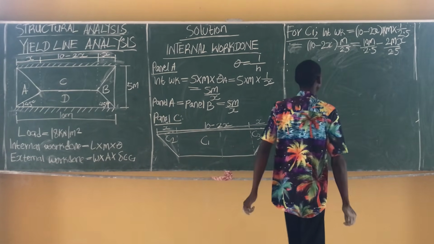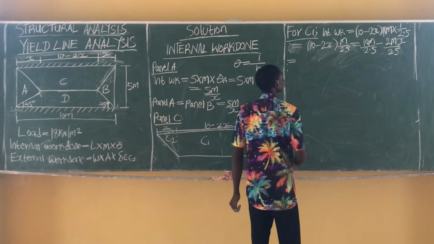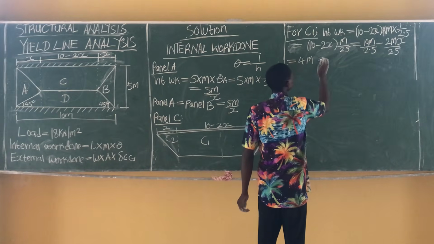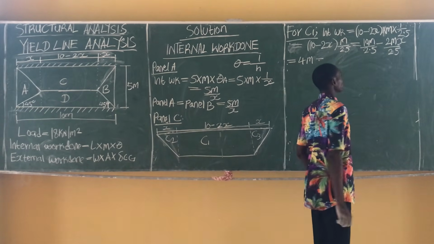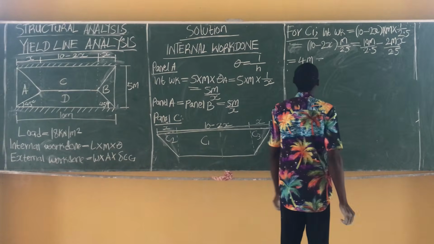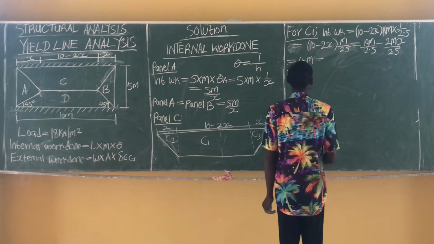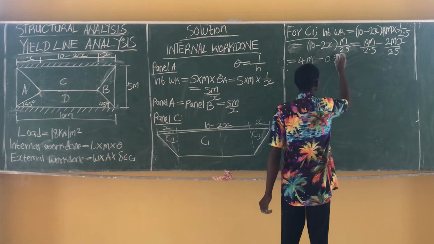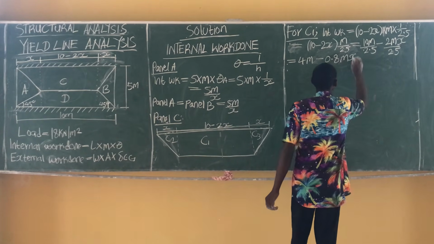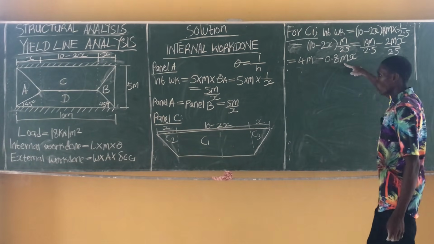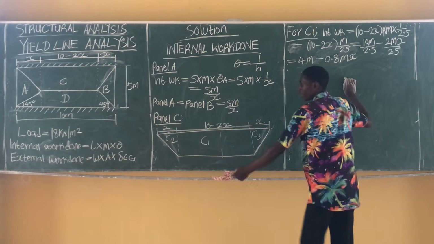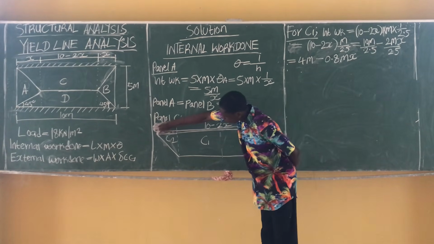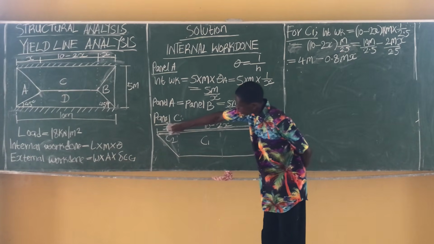So 10 divided by 2.5 is 4m, minus 2 divided by 2.5, which is 0.8 mx. This is the internal work done for this section. Alright, so let's get the internal work done for this section, noting that in this section now, this is our length.